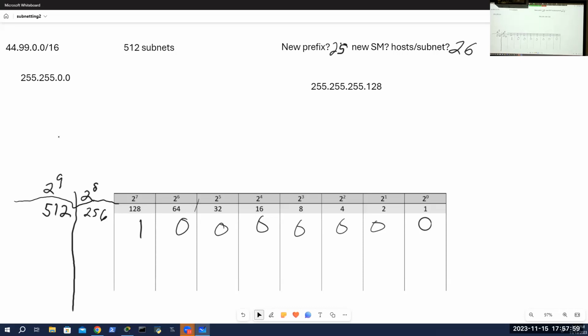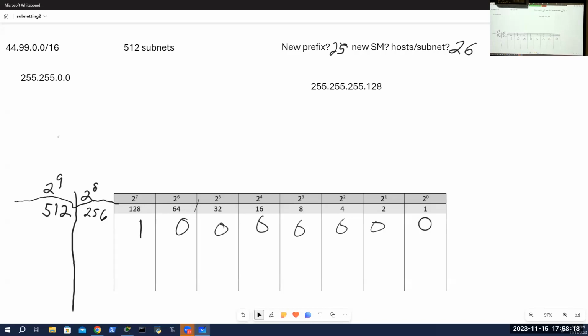Yeah, it's not going to be too often, but I think there was a problem in the Netacad that said 1,000 subnets, right? So you'd be going to 10 bits to get 1024 subnets. That was the last problem.